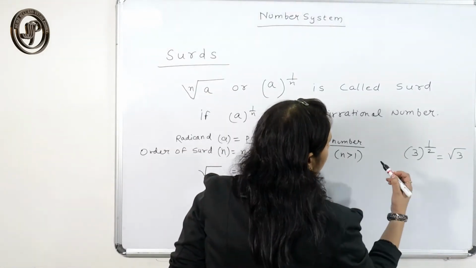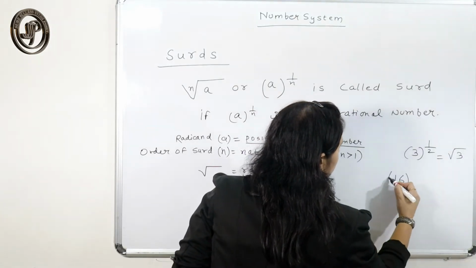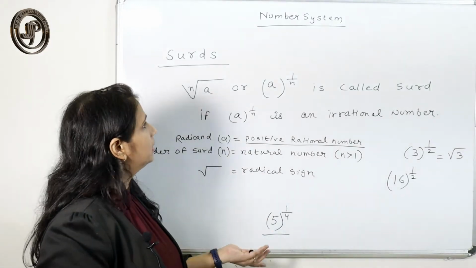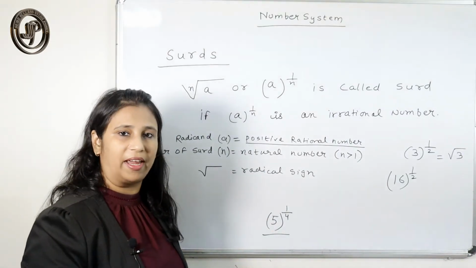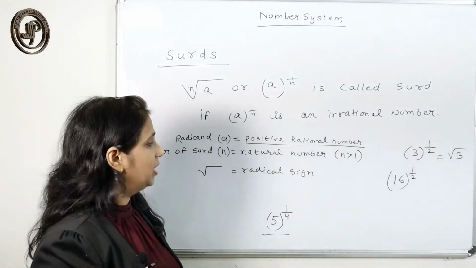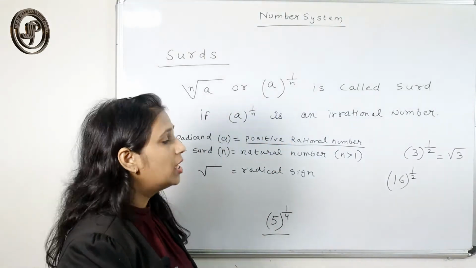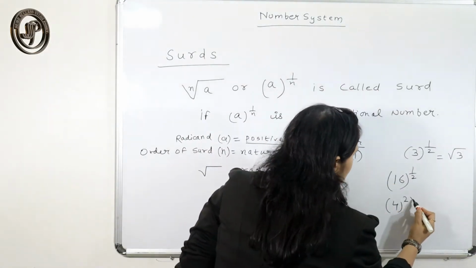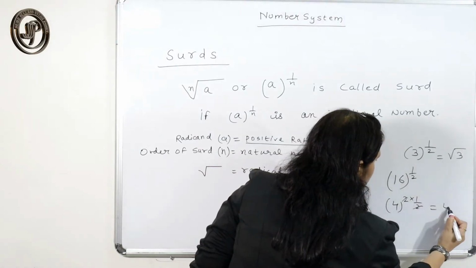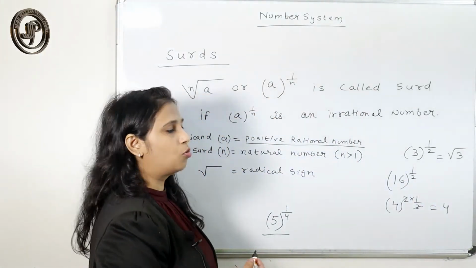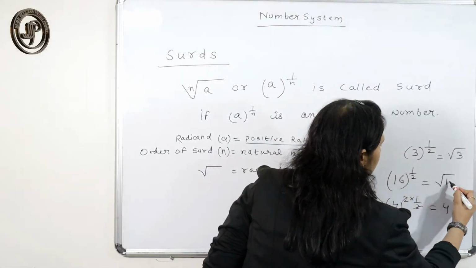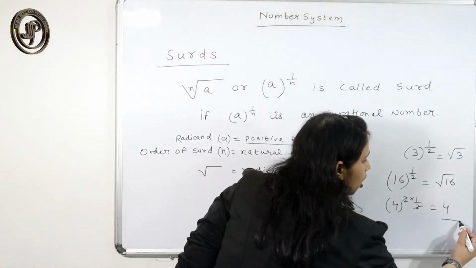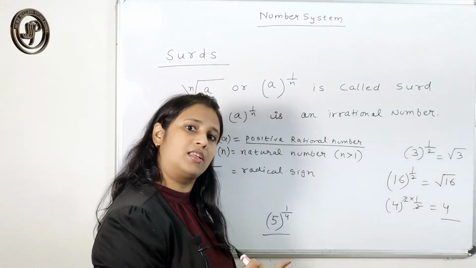For example, if I just write 16 raised to 1 by 2, is it a surd? You will say yes, it is a surd because it can be expressed in the form a raised to power 1 by n. But it is not a surd, because 16 you can write as 4 raised to 2, and that can be written as 4 only. 16 raised to 1 by 2, or root 16, is written as 4, and 4 is not an irrational number, it is rational.